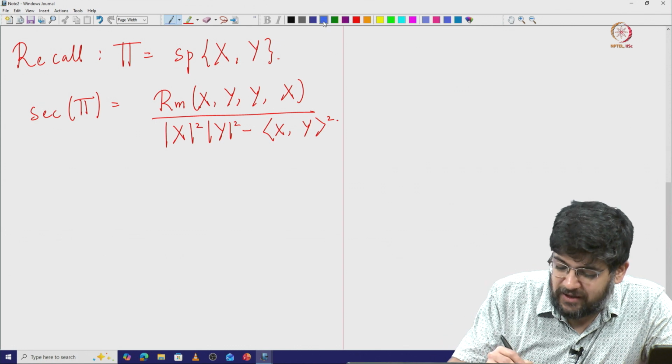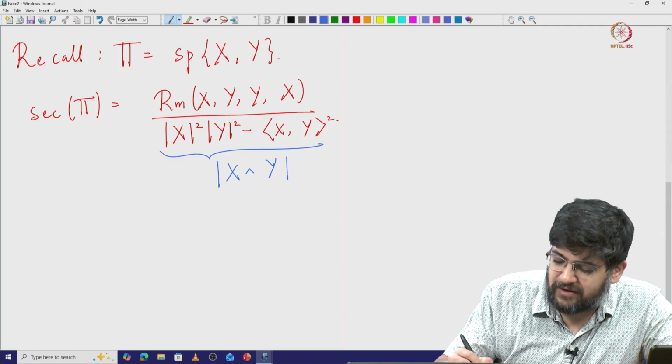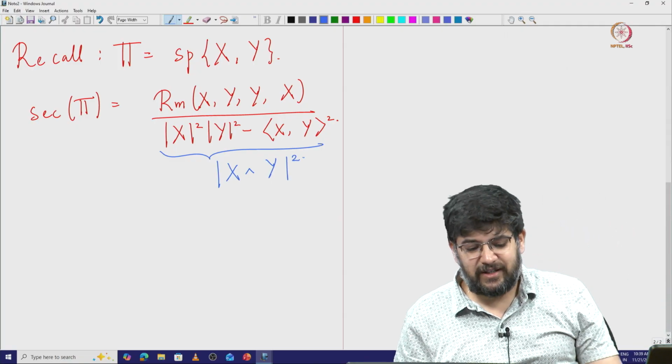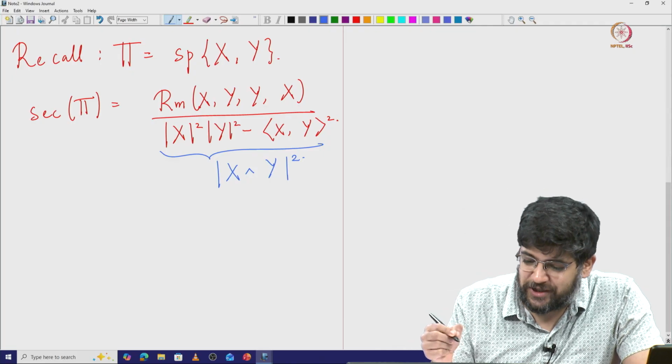And in fact this denominator here is basically the norm squared of x wedge y.